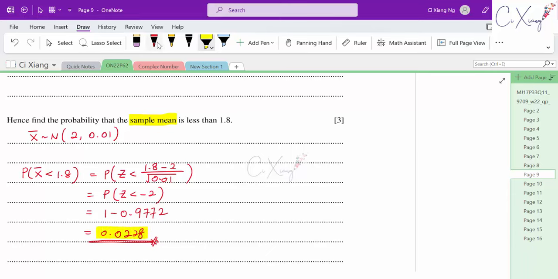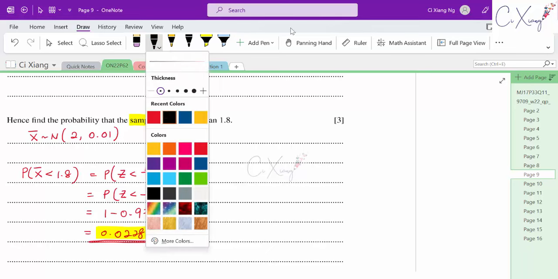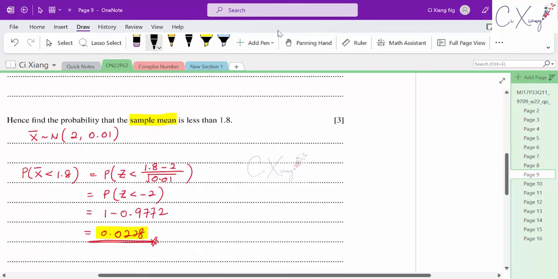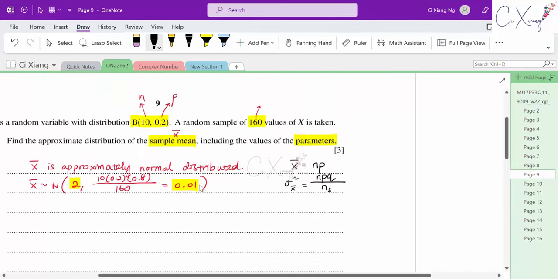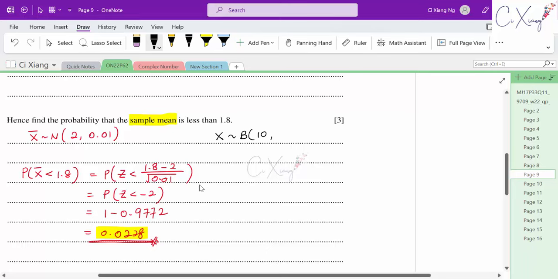So this is how we get the value for the probability. And for this question, there are some details that you need to know. Some students might ask that originally we are having binomial distribution, where n is 10 and p is 0.2.